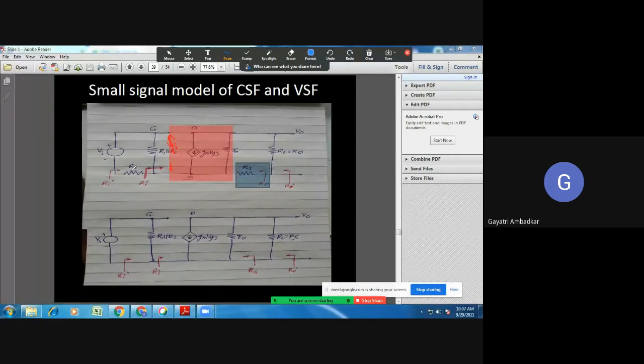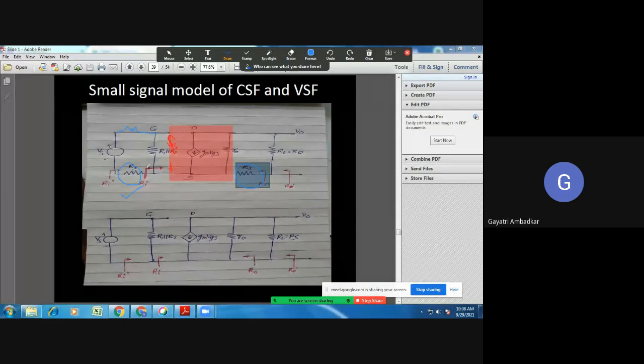Along with that, there is RS. Now this RS is broken into two parts, and why we have to do that, I will explain after the further section, when we come back to the AC model.